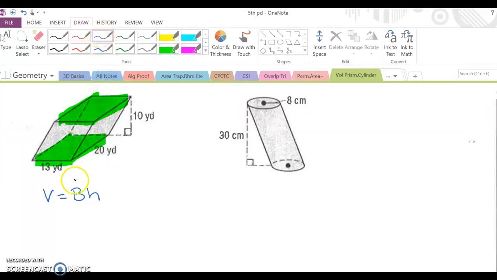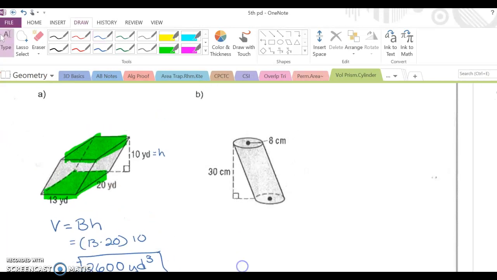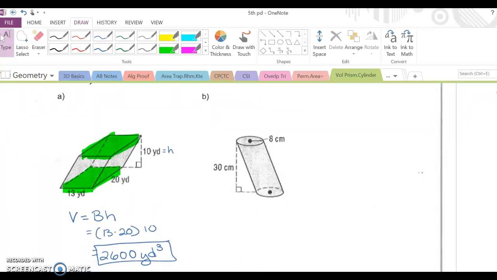So that's going to be 13 times 20. And I hope by now it feels comfortable to you that the height is that 10, even though it's outside the prism. So 13 times 20 times 10 gives us 2,600 yards cubed.